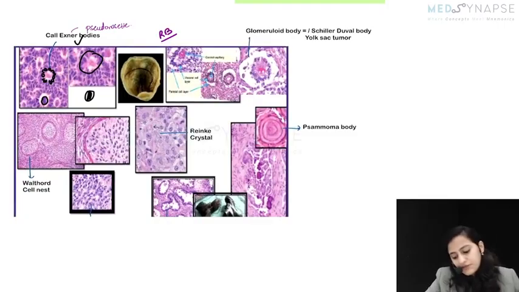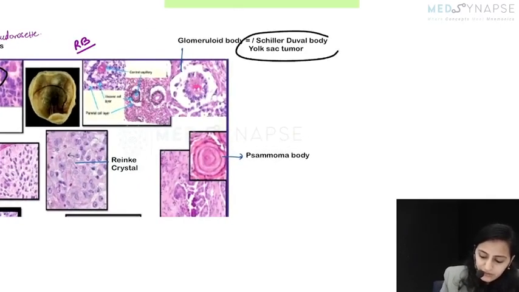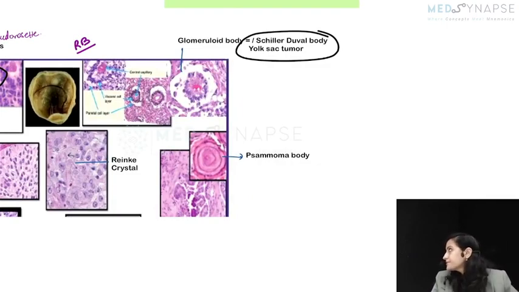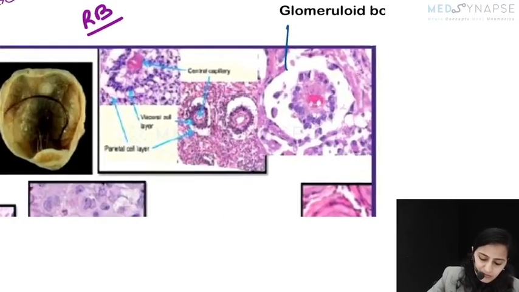Something which can look similar to Paul Exner is Schiller-Duval, glomeruloid. But the difference here is because it's like a glomerulus. So बीच में capillary है, you have the visceral layer and the parietal layer, and what do you have in between the two? The Bowman space जैसी खाली जगह.